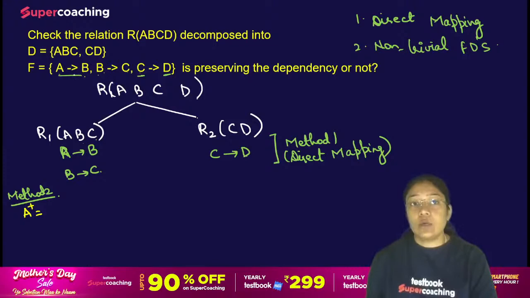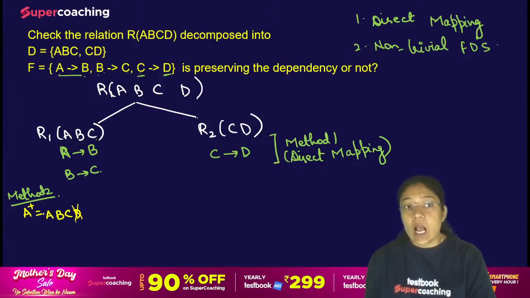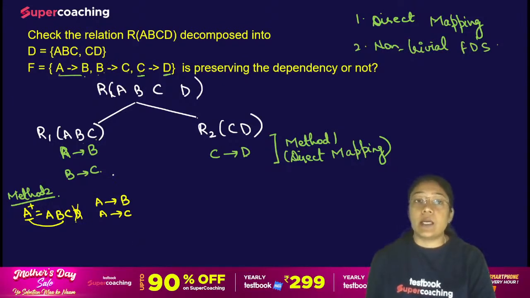Okay, A closure in the given functional dependency set is A, B, C, D. In this sub-relation only we have three attributes, so we'll not be considering D. अब यहाँ से देखो non-trivial functional dependency कौन सी होती है? In which there is no common attribute. So यहाँ से non-trivial functional dependencies क्या आ रही हैं? A determines B and A determines C. These are the non-trivial functional dependencies.